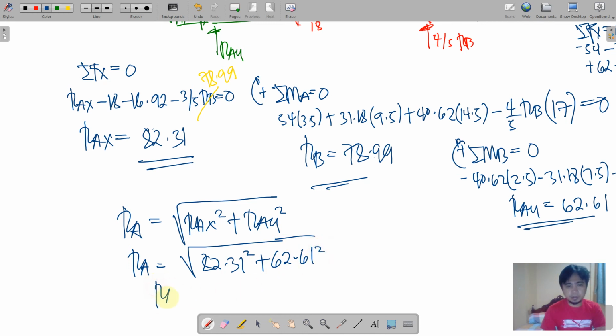So finally, we have 103.42 kilonewtons. Okay, so that's it for this problem.